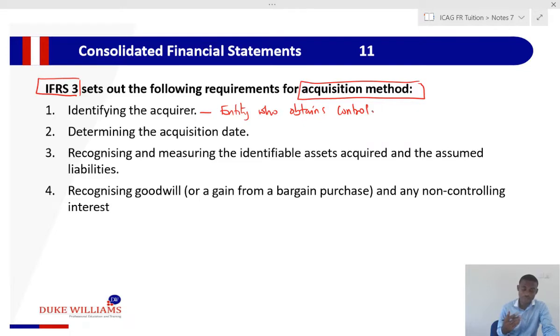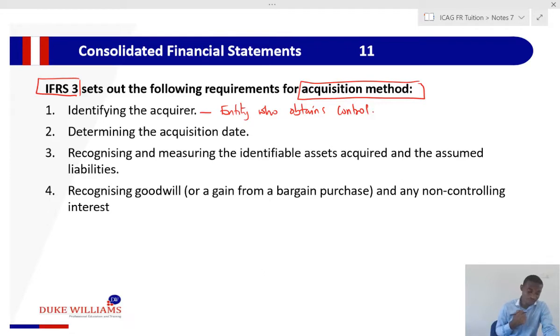Now, in most cases, the investee, who is the one selling, would often receive proceeds, and the acquirer, who is the one buying, would often be paying consideration, will be paying for the business, or will be paying for the ordinary shares. So the acquirer is often the entity who obtains control under the business combination. IFRS 3 says that we have to establish or identify the acquirer in the business combination.